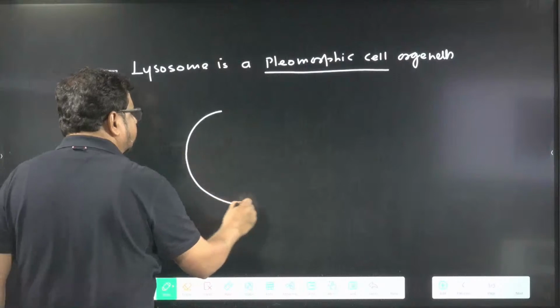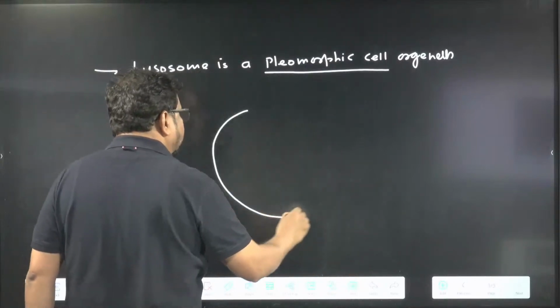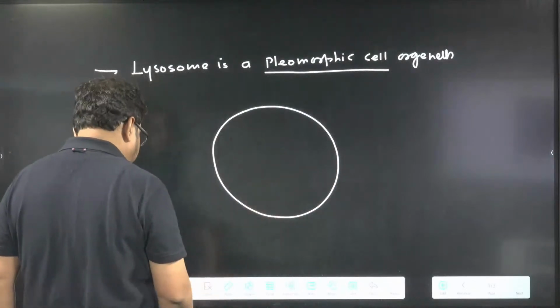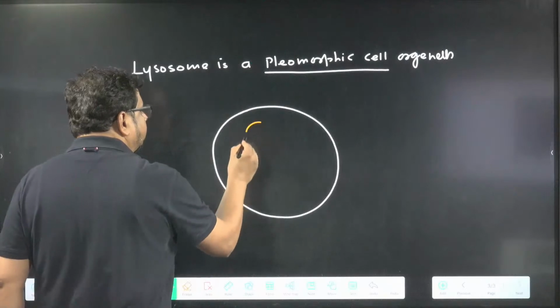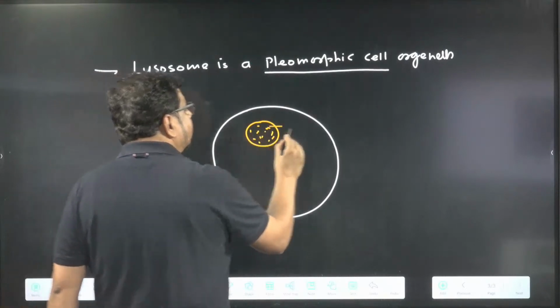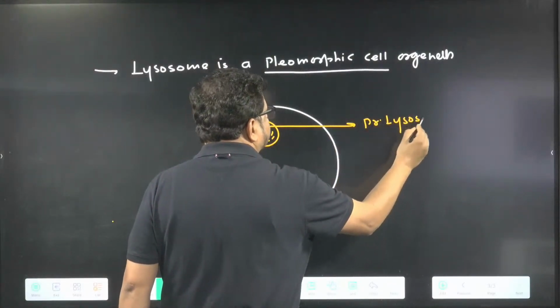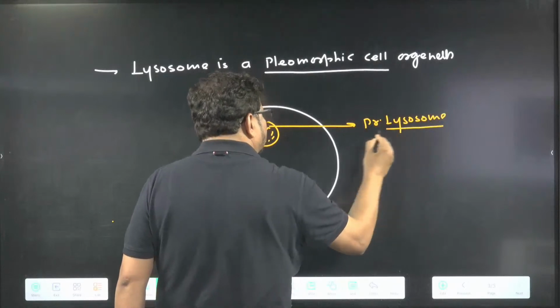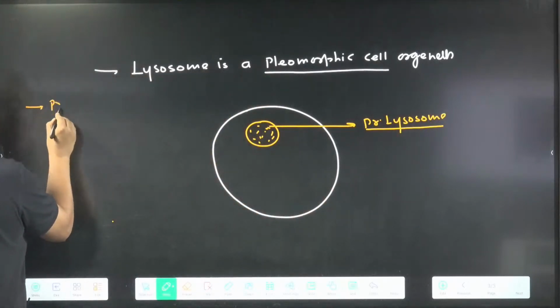Look here. Suppose this is a cell. Assume this is an amoeba cell, and in amoeba, assume this is the lysosome. In this lysosome, which enzyme is there? Hydrolytic enzyme. It is a primary lysosome. So lysosome has 3 different physiological states.